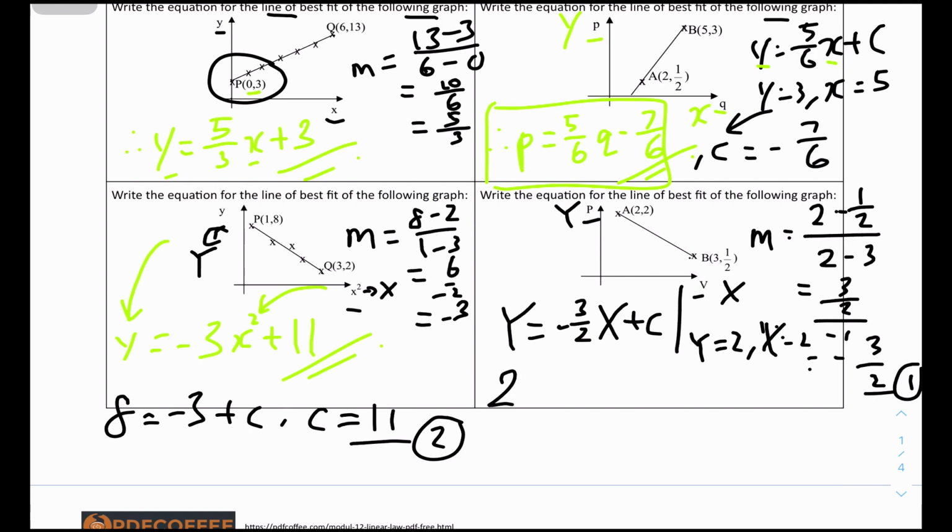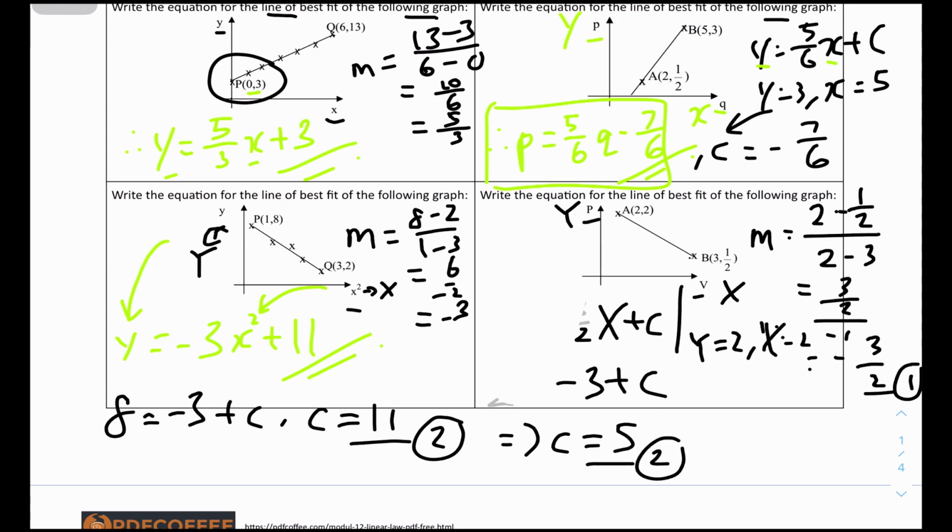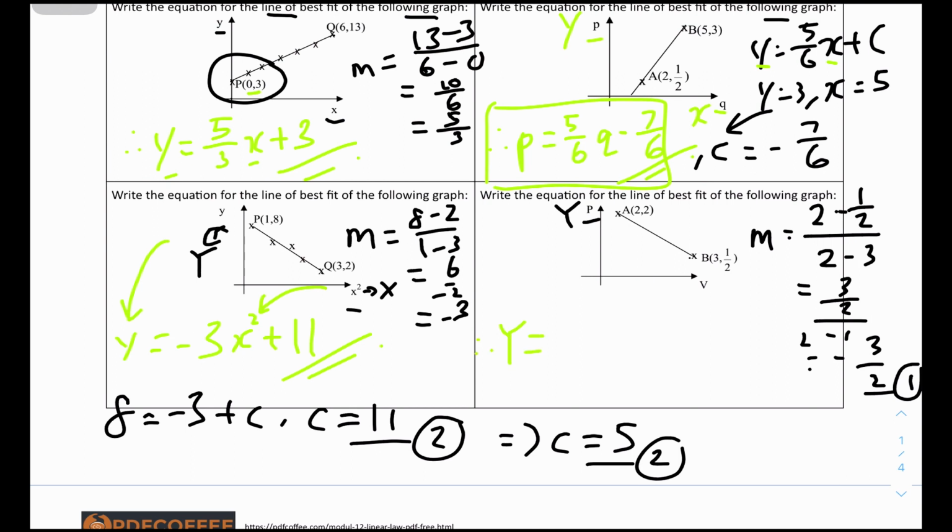So it will be 2 equals minus 3 over 2 times 2, the 2 cancel out, so it will be minus 3 plus C, and therefore the C value is 2 plus 3, which is 5. And therefore, let's just write the whole equation out. Big Y equals minus 3 over 2 x plus 5.